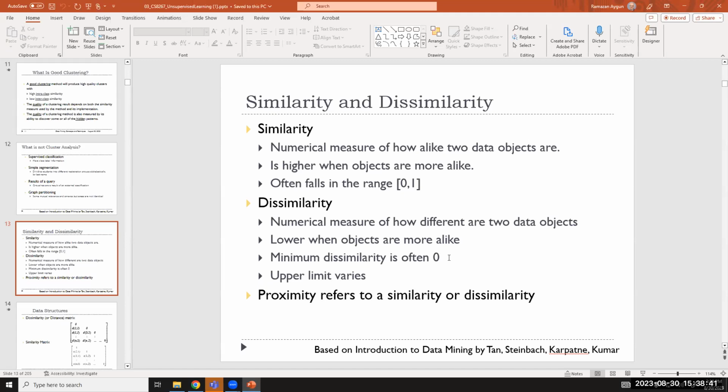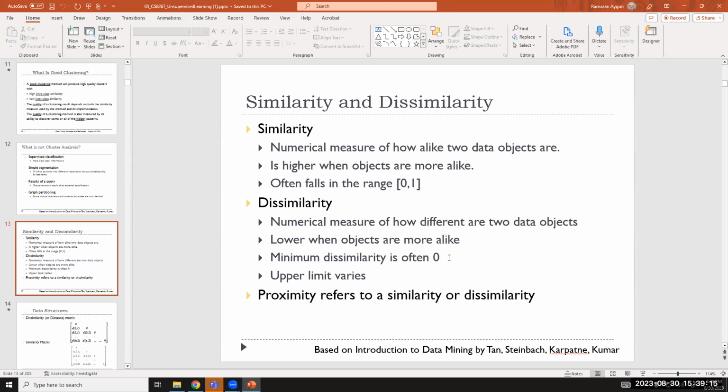Typically, a similarity measure is within the range of 0 to 1. 0 means they are totally different. 1 means they are exactly the same. Dissimilarity measures how different the objects are. It is lower when the objects are very similar to each other, and it can be very high. Typically, for dissimilarity, we may not have an upper value. It could go out to infinity.